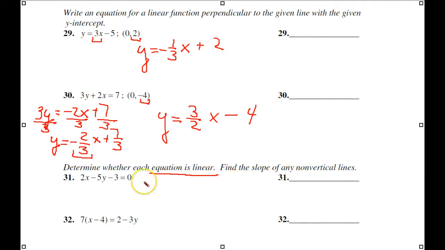Well, again, I can look at these and see that there are no exponents on the x or y other than 1. So these are both linear. And I'll have to solve for y to put it in slope-intercept form to find the slope.